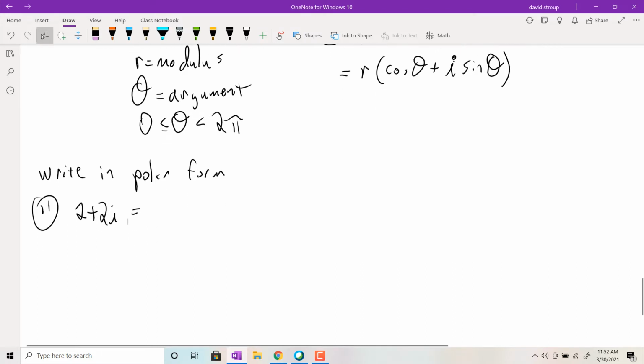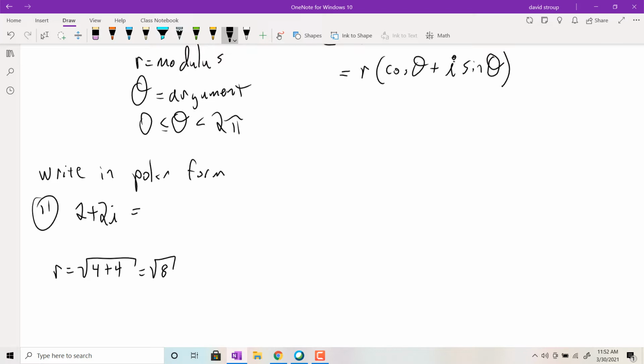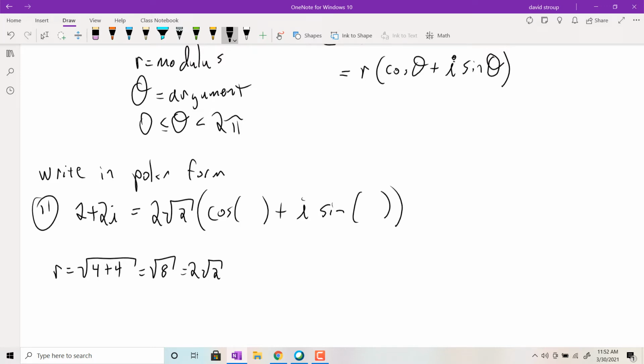Okay. So first, the r value is just the absolute value of z, which is the square root of, in this case, 2 squared plus 2 squared, 4 plus 4, which is root 8, which is 2 root 2. So this would be 2 root 2 times the cosine of some angle plus i sine of some angle. Okay. So to get the angle, what you're going to use is the tan formula.